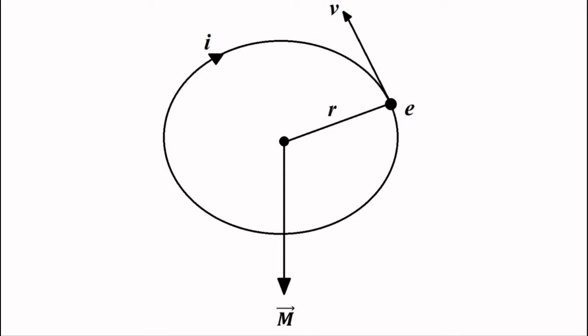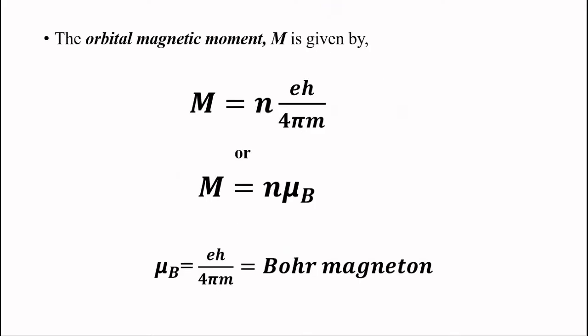So this magnetic behavior of the atom is expressed as the orbital magnetic moment, which is given by nEh/4πm, where n is the number of the orbit, E is the electronic charge, h is Planck's constant, m is the mass of the electron. Here this Eh/4πm is called the Bohr magneton.